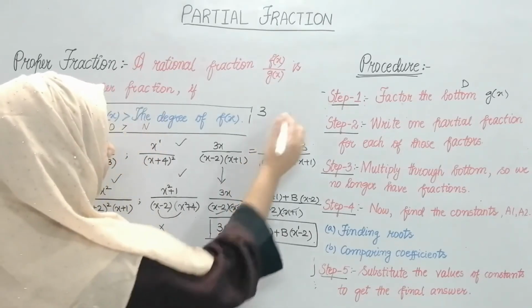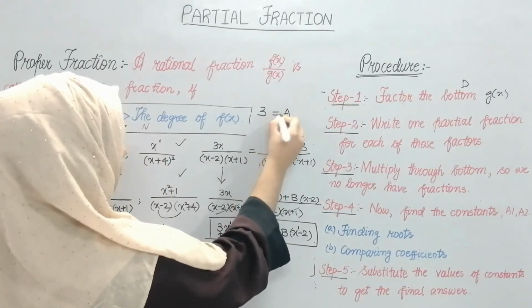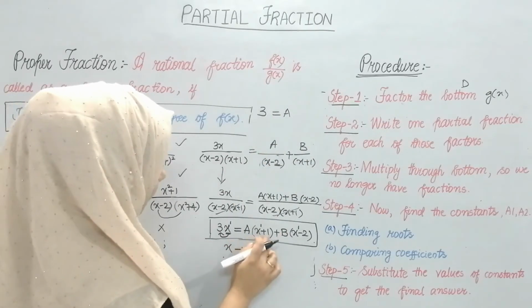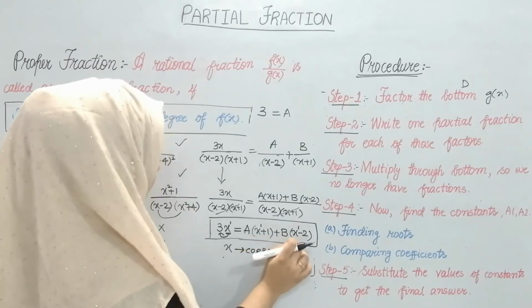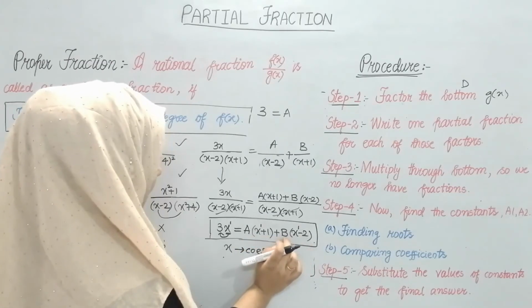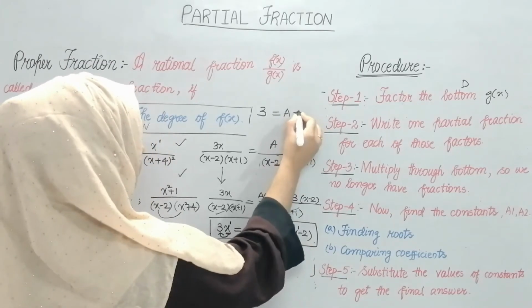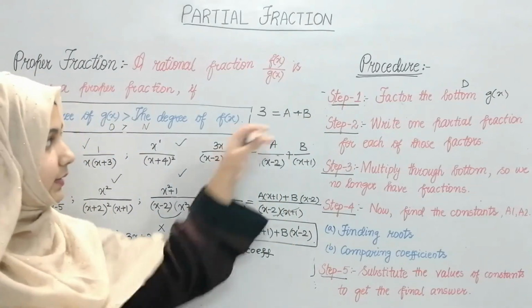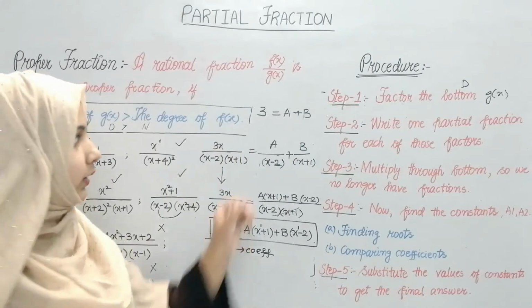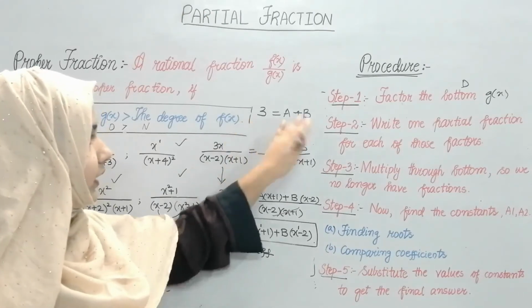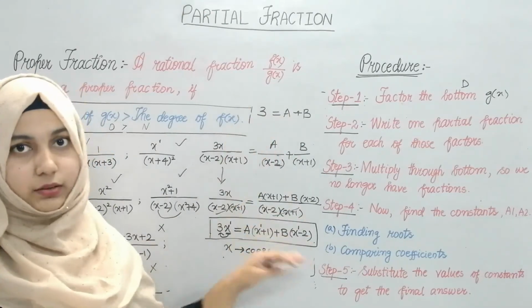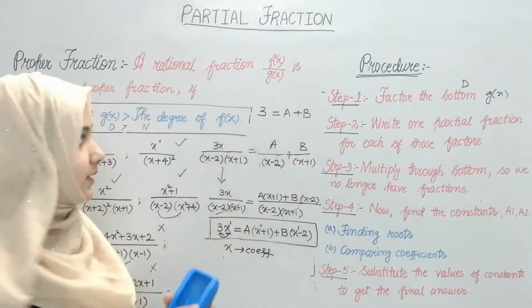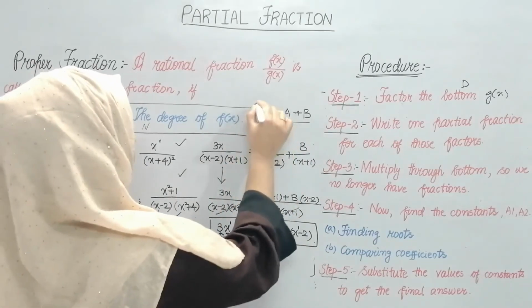The coefficient is A. Moving on, I don't have x. The next x, here I have an x. So the coefficient of x here is B. Plus B, I have a plus, so plus B, right? This is how we do it. After that, if we know any one of the values, we substitute and we'll get one constant. This is how we equate the coefficients.